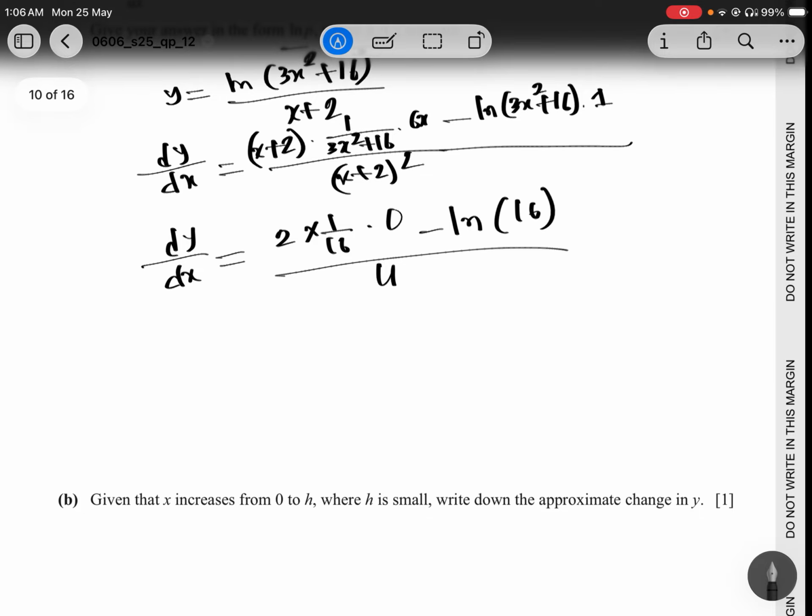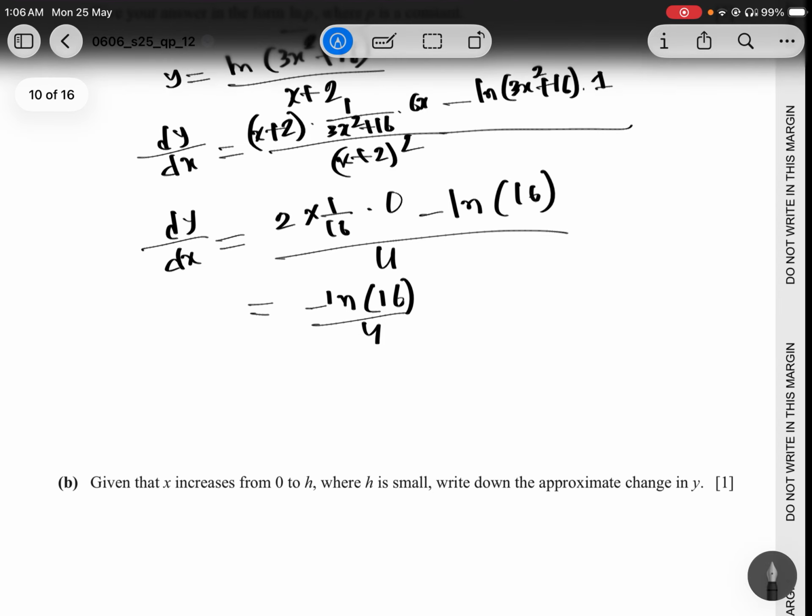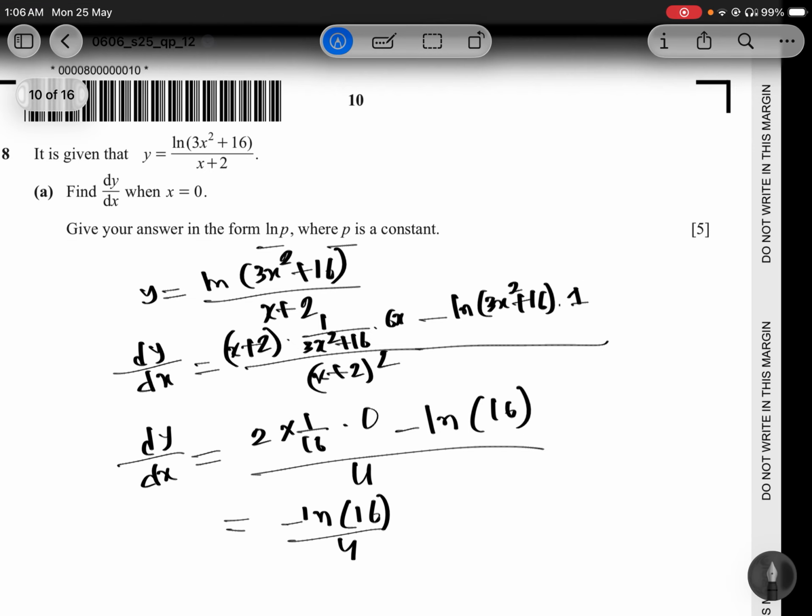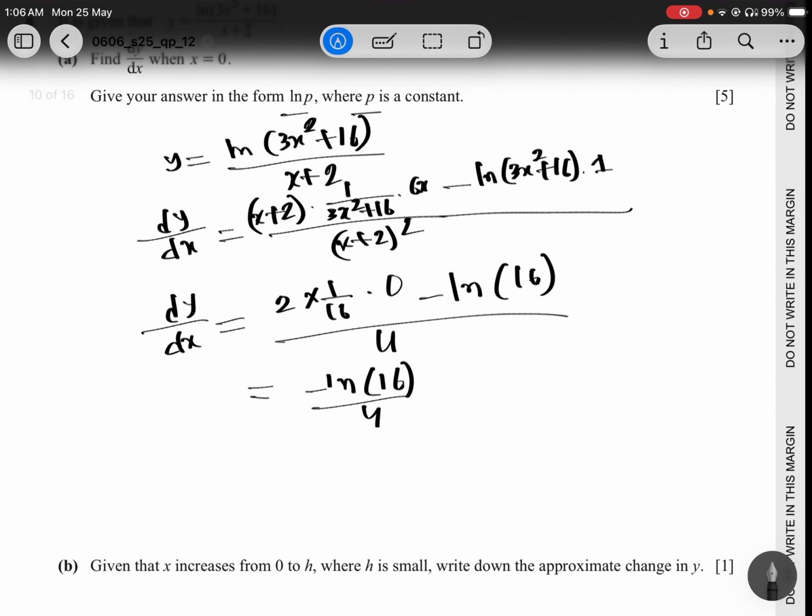So I can write the value as ln of 16 by 4. I have to write it down like ln of p.